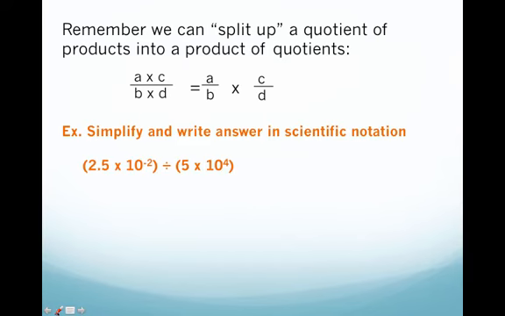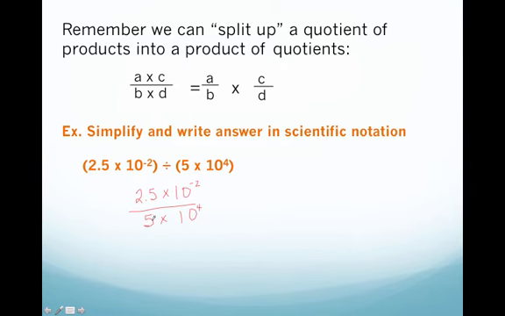So we're going to do this division problem with scientific notation, and we're going to answer in scientific notation. Okay, so I would write this as 2.5 times 10 to the negative 2 divided by 5 times 10 to the 4th. So notice if I separate these out, this is going to be a whole lot easier because I already know how to handle these power properties.